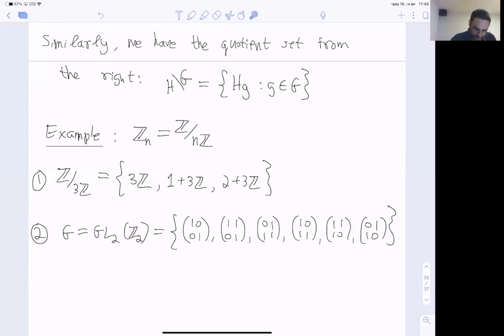We have 6 elements. Of course, it's multiplication, and inside this it is always modulo 2.